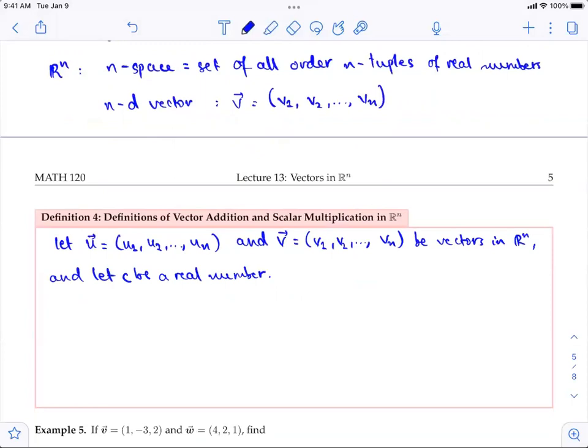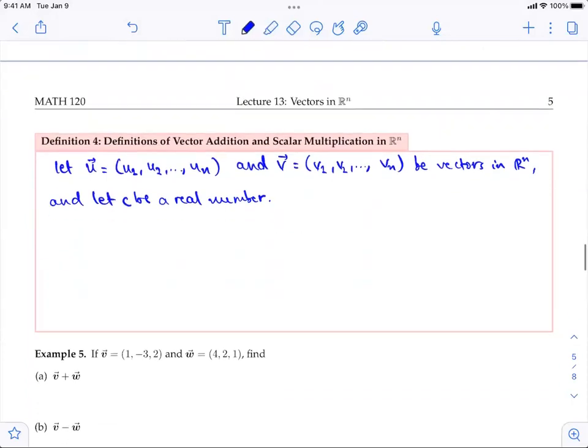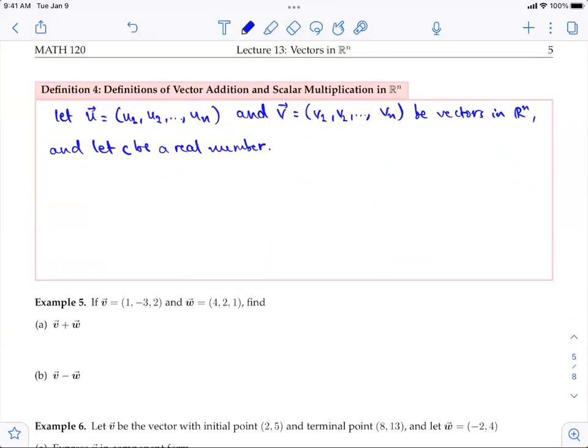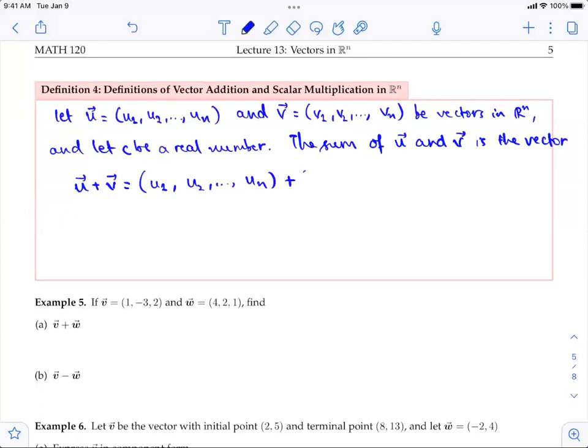So c is a scalar in this case. The sum of u and v is the vector u plus v equal to u1, u2 up to un plus v1, v2 up to vn.